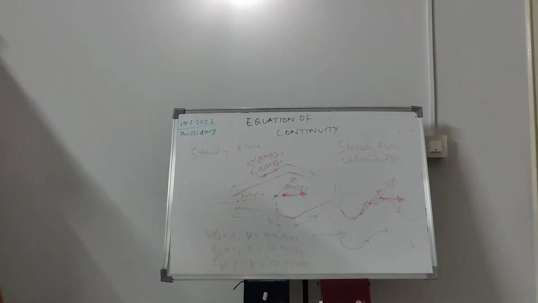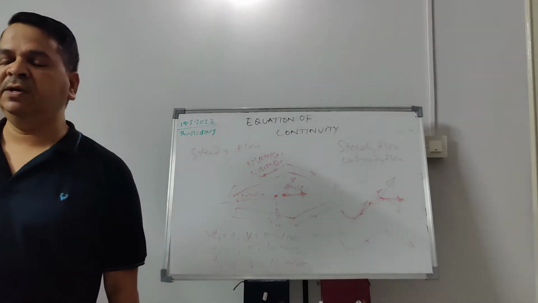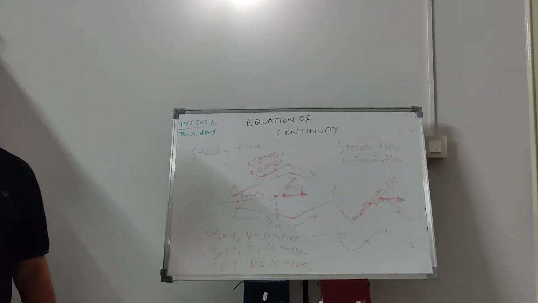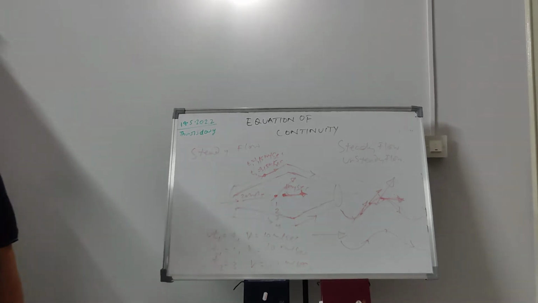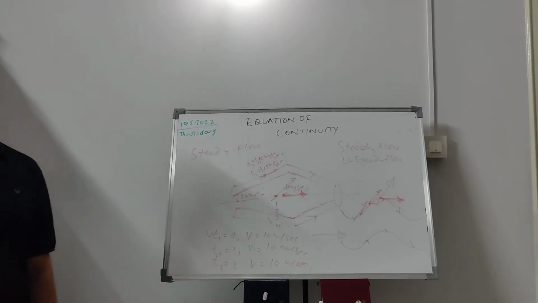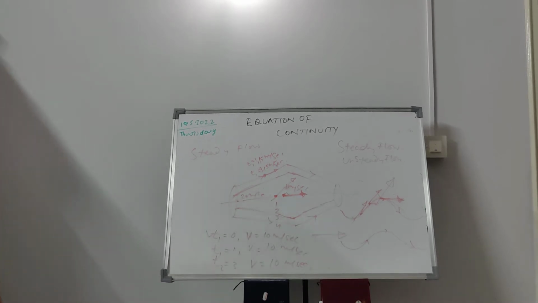Steady flow is the flow where, with respect to time, the velocity remains constant at a point. Two things here: one is spatial, one is temporal. Two things we say in physics. Temporal means time; spatial means place.